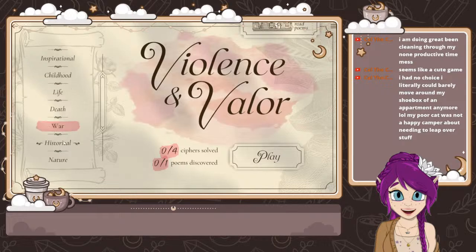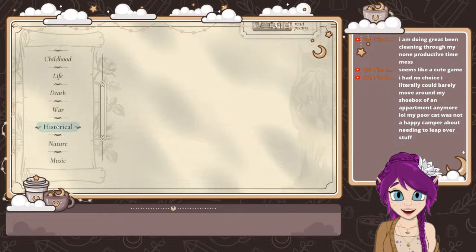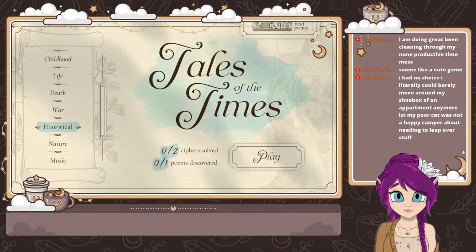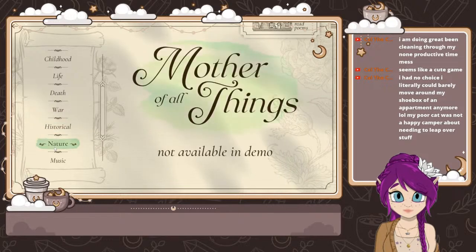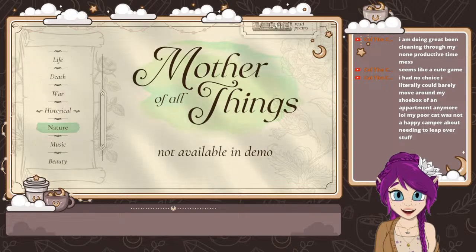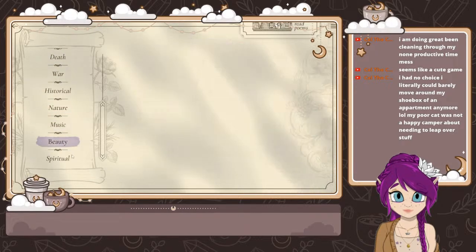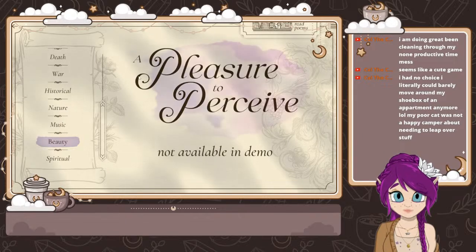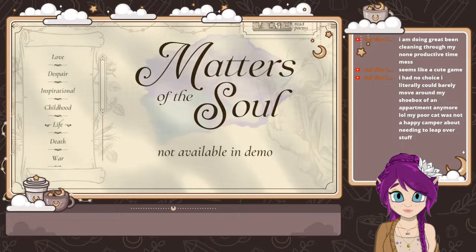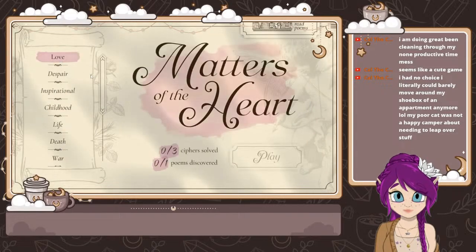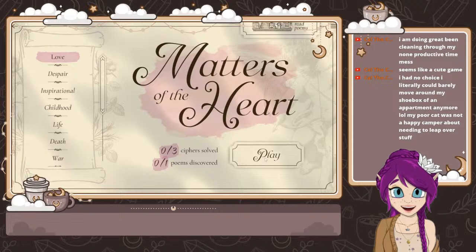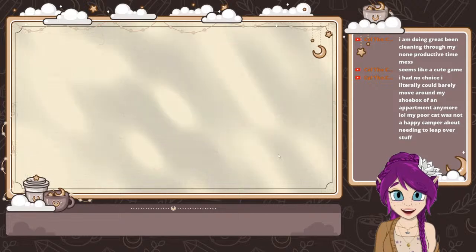We got war, violence, and valor, historical, and nature is not available in the demo. But there's nature, mother of all things, music, beauty, a pleasure to perceive, and then spiritual. Cool. Let's start with love. That's a pretty basic one to start with.